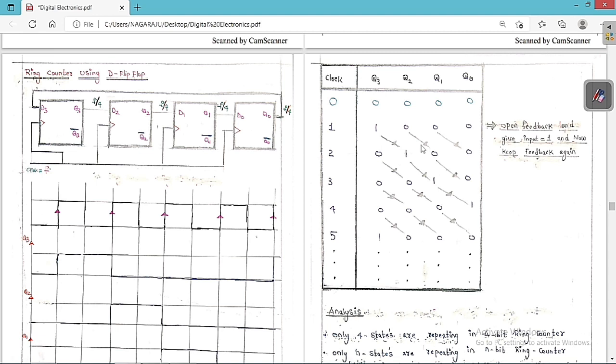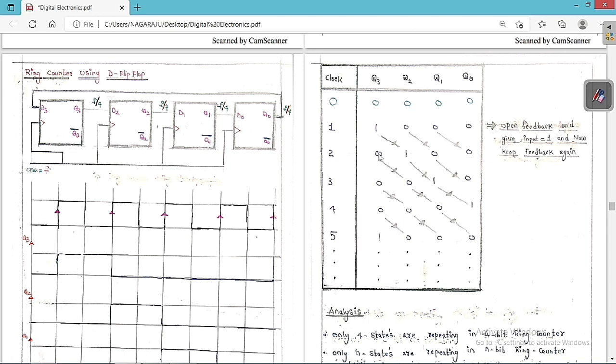Listen carefully. When I open the feedback and give it 1 and then close the feedback, initially for the first clock we are going to get 1 0 0 0. Now I am going to give another clock: this 1 goes to this side, this 0 goes to this side, and this 0 comes here.